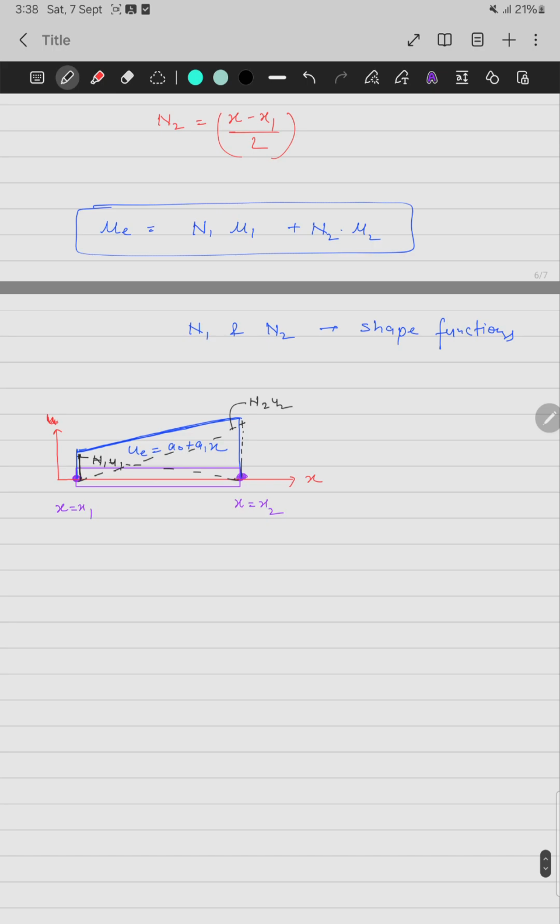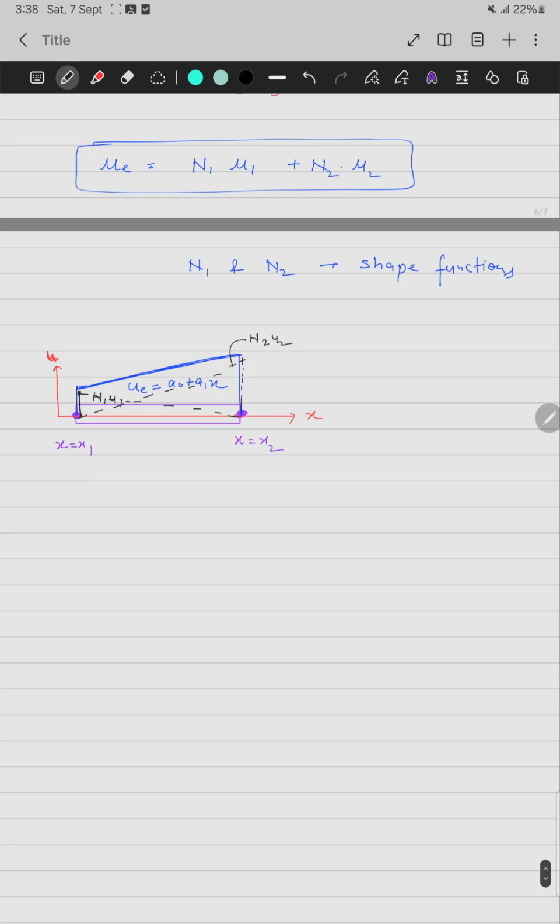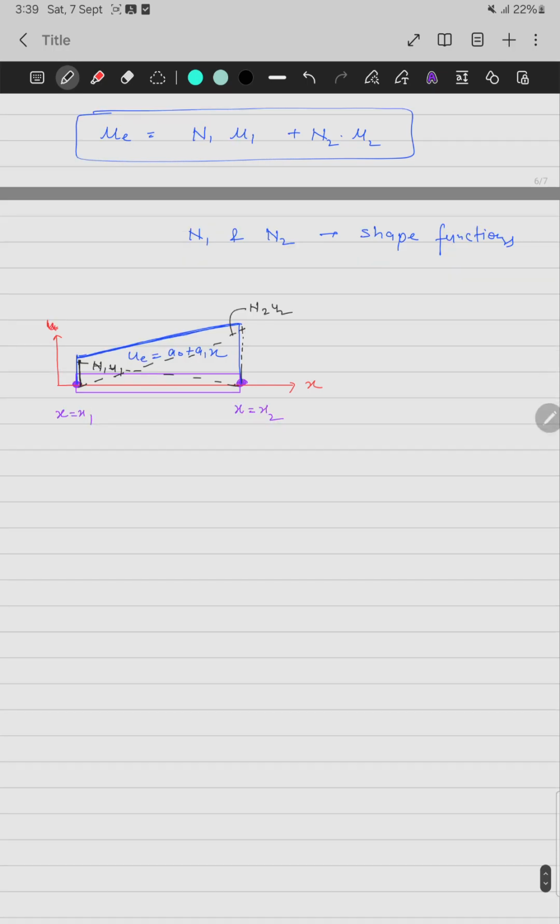So these are the shape functions. When we combine these two black dotted lines, we will get this blue line. I hope it is clear up to this.